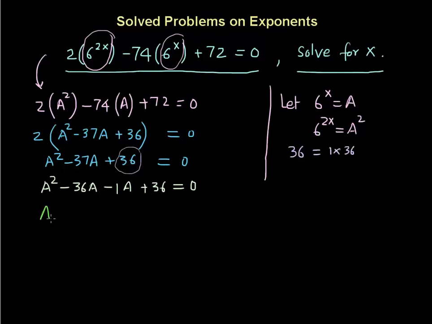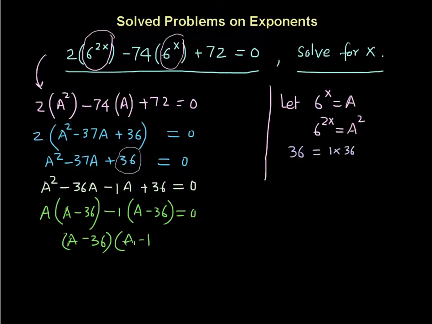If I take a outside here, what I get inside is a minus 36, and then I can take 1 out again, and what I get here is a minus 36 equal to 0. So basically a minus 36 and a minus 1, these are two factors. In other words, we have a as 36 and a as 1, right?